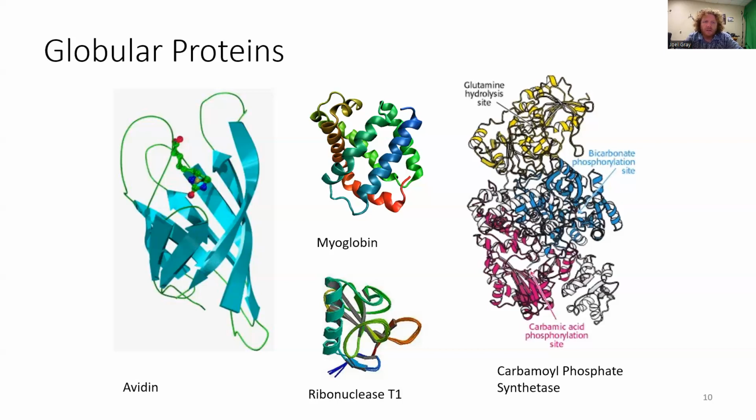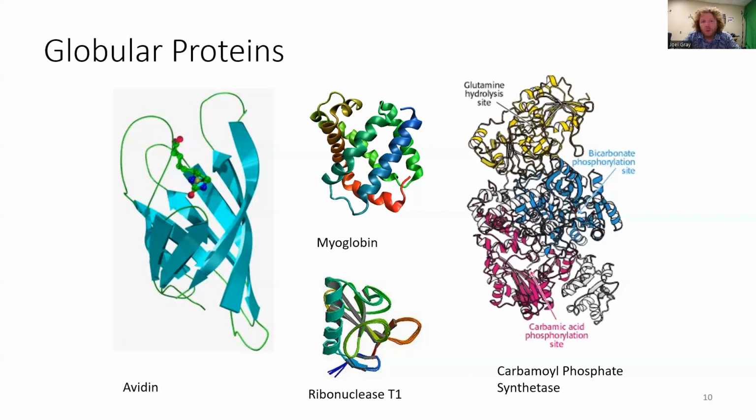If we look at avidin, the colors that I see with respect to my ribbons are teal and green. Well, teal, beta strands. Green, that is simply a random coil. So that's not tied down as an alpha helix. That makes up a random coil.